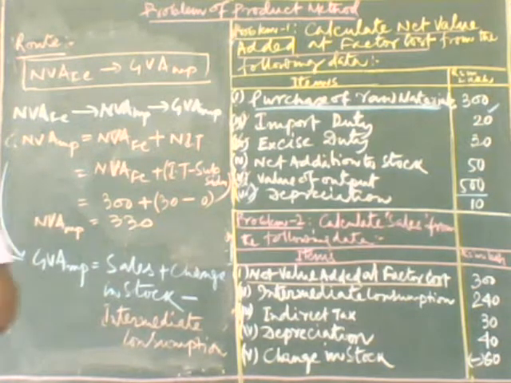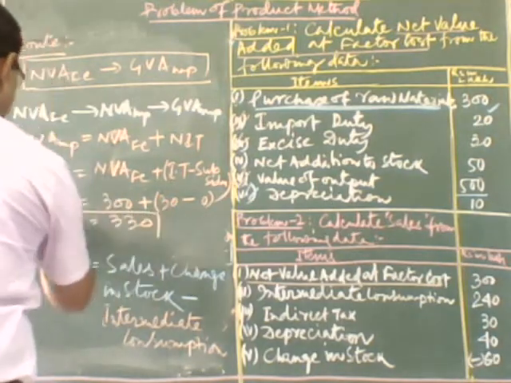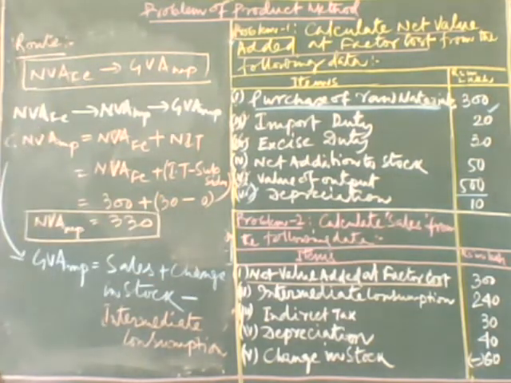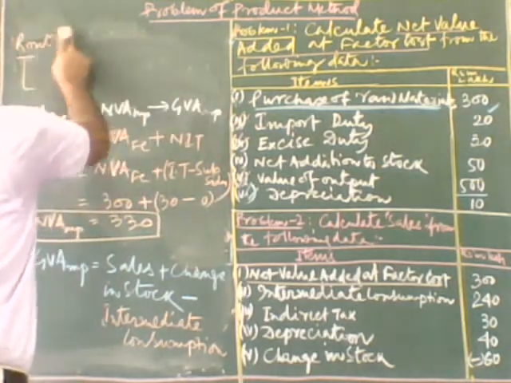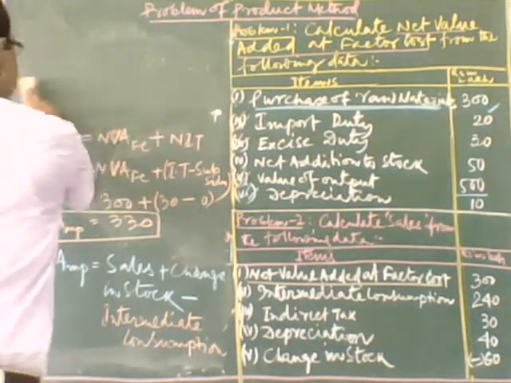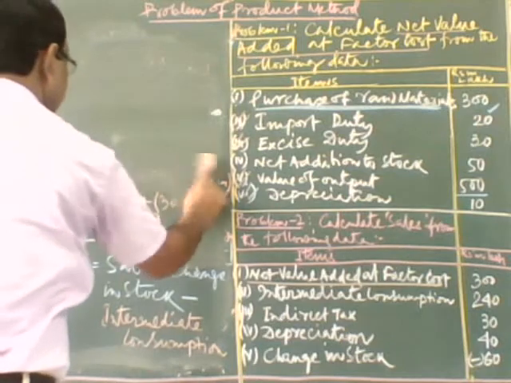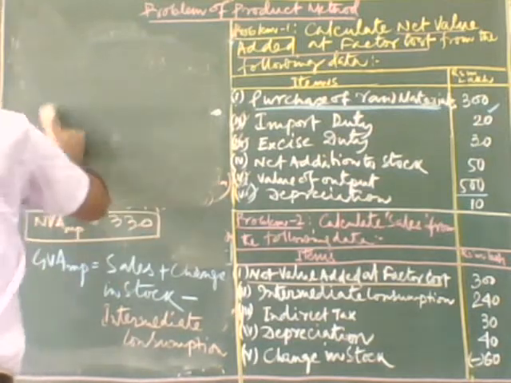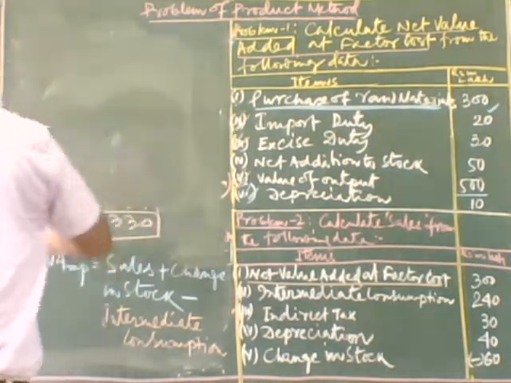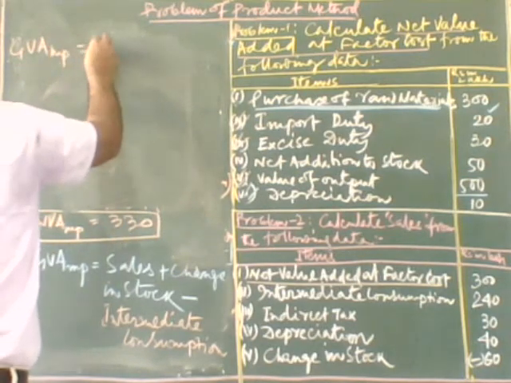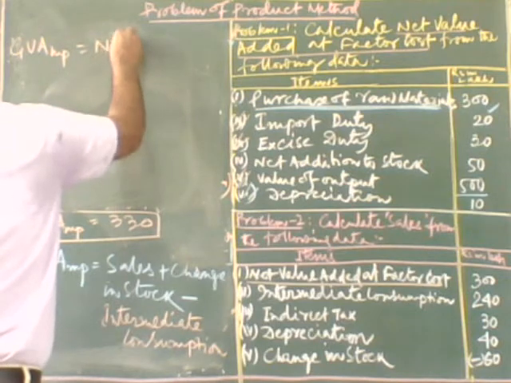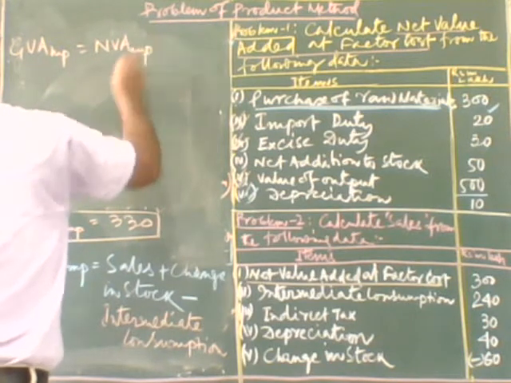Now from NVA at market price, we have to calculate the value of GVA at market price. GVA at market price is equal to what? NVA at market price.